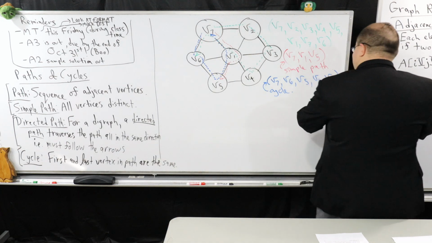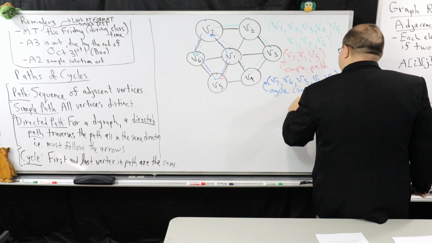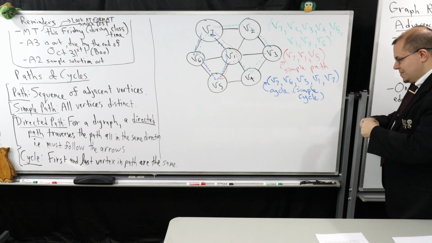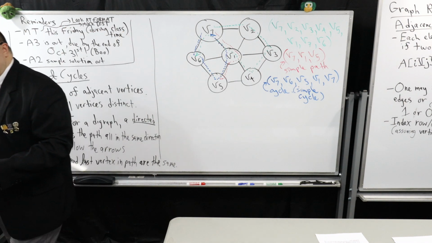Excellent, thank you. Yes, it's also a simple cycle because notice that all the vertices are unique. Sometimes this little change in the terminology does matter when you're describing things.